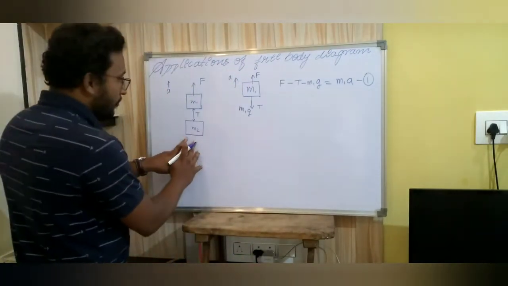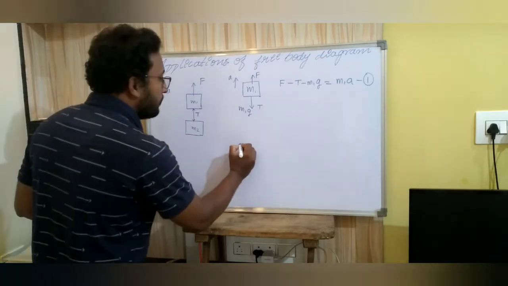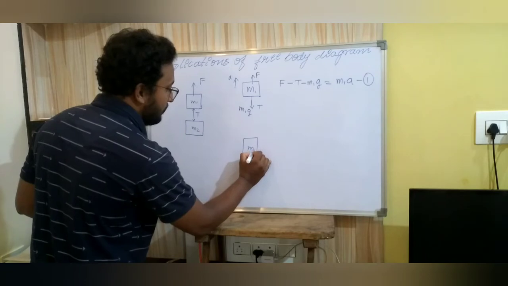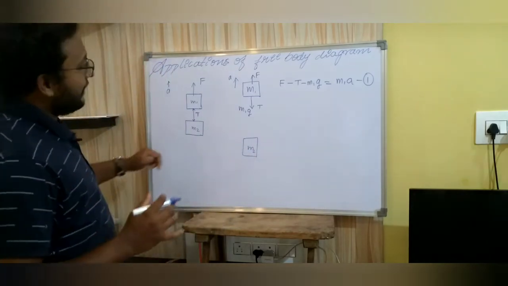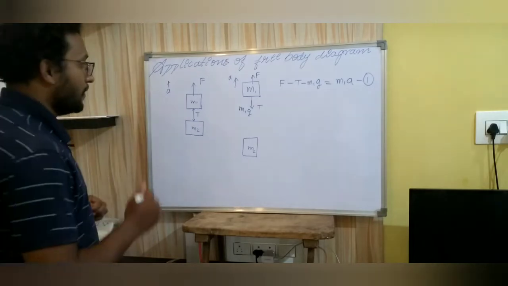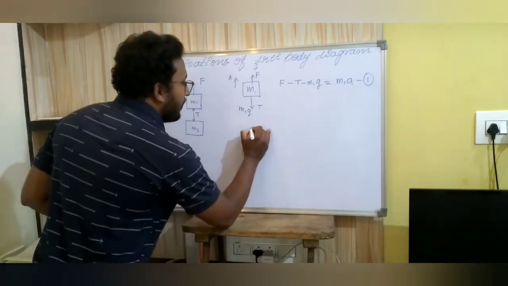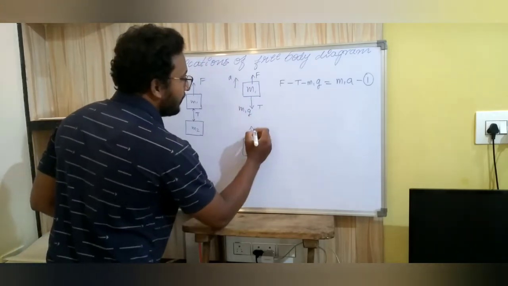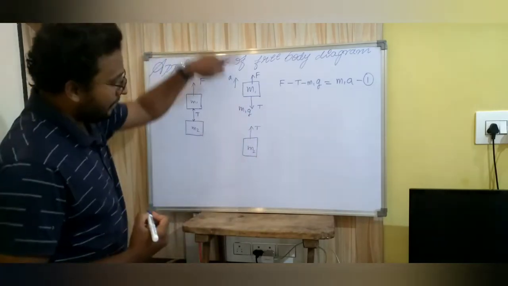Similarly, if I write the free body diagram of M2, here is a block of mass M2, and you can see that there are only two forces acting on M2 along the y-axis. One is the tension in the string on M2, away from M2.